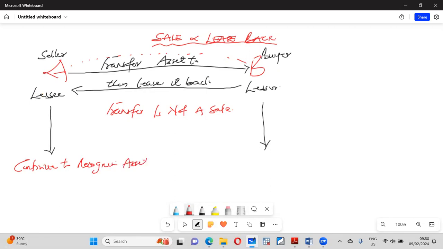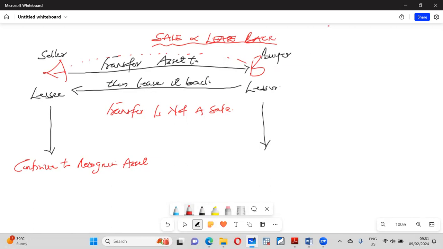What do we mean by that? We mean that if the performance obligation has not been satisfied, there can be some sales, but the performance obligation has not been satisfied. And please, this is IFRS 15. The sale must meet the recognition of IFRS 15. So you can see the examiner can combine two standards whenever he's questioning you on sale and lease back.